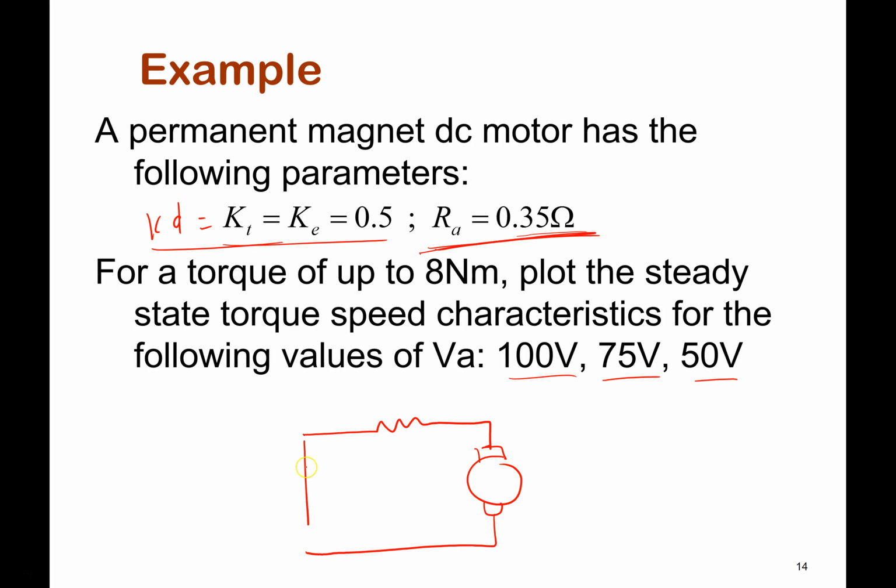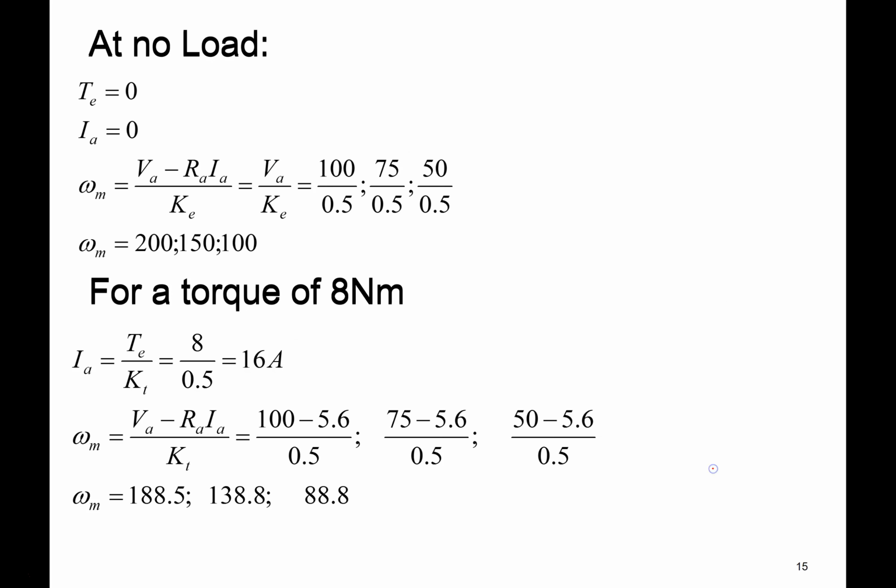And we have here 100, 75, and 50, and we have 0.35 ohms. So we want to find the torque versus speed characteristic for this.